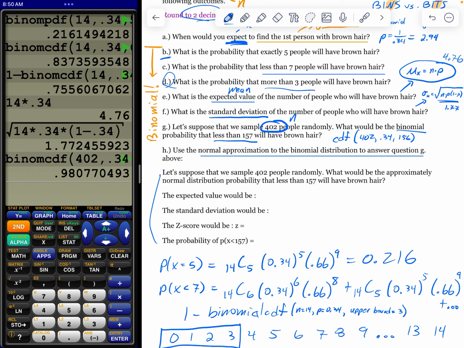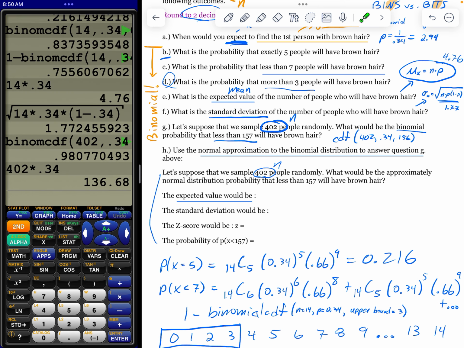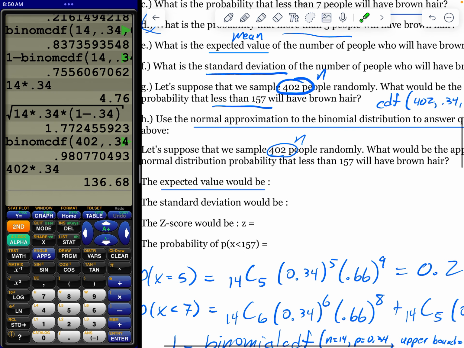So we're still at 402 people. Okay. The expected value would be, so that's back to here, folks, 402 times 34%. Okay. Expected value is 136.68. That is n times p, 402 times 0.34.